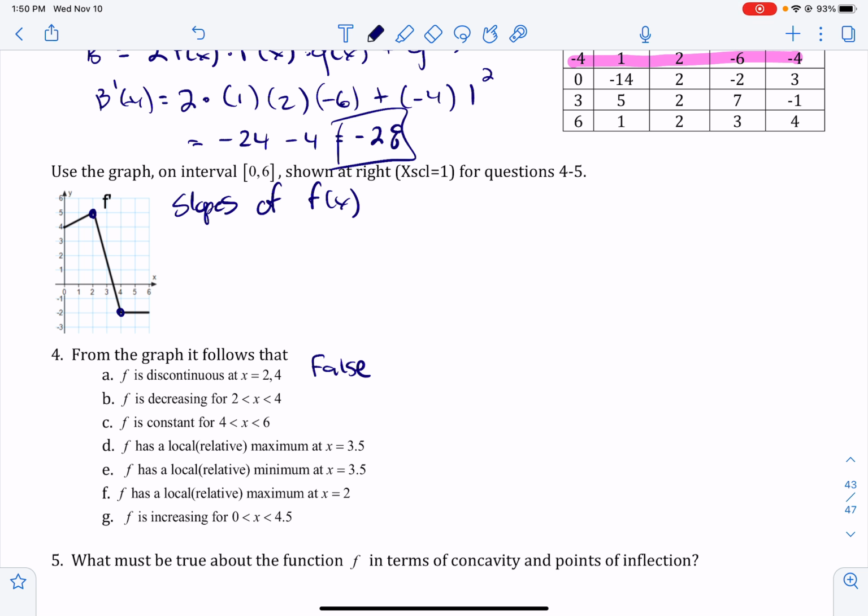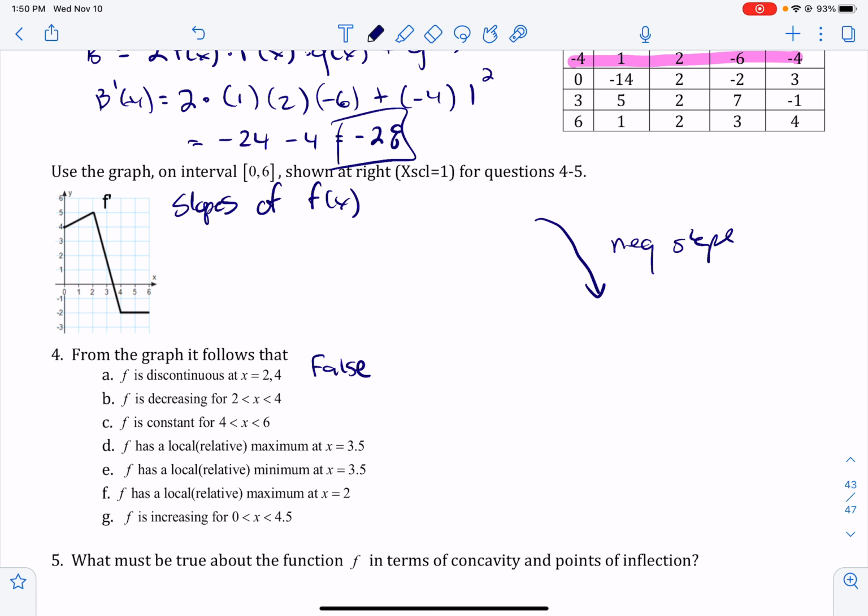Now B: f is decreasing from 2 to 4. That tells me that f, my original function, should be going down, which means I would have a negative slope.